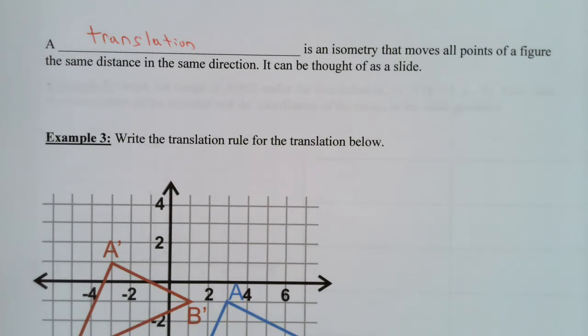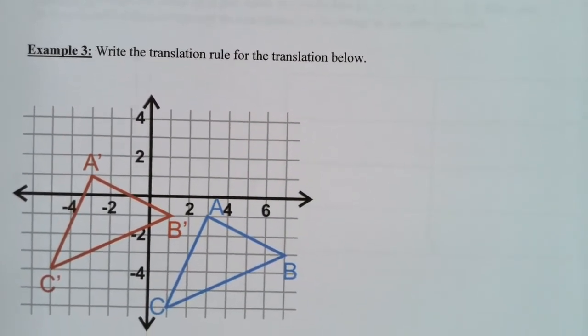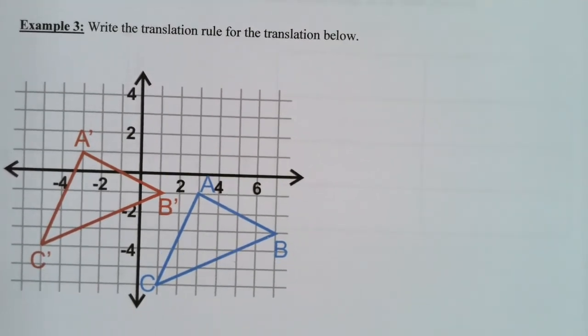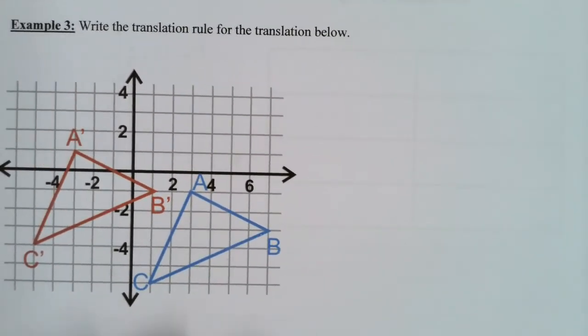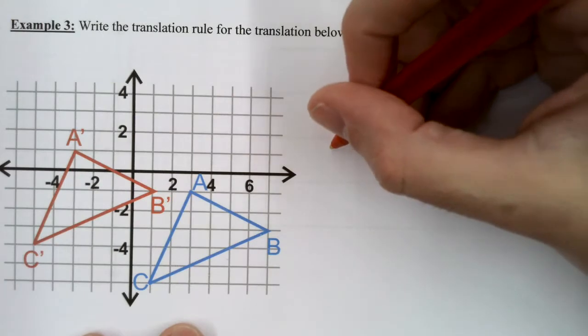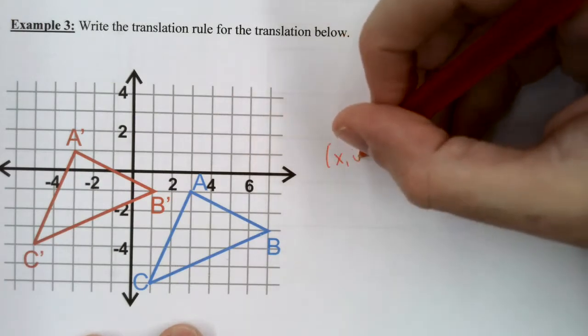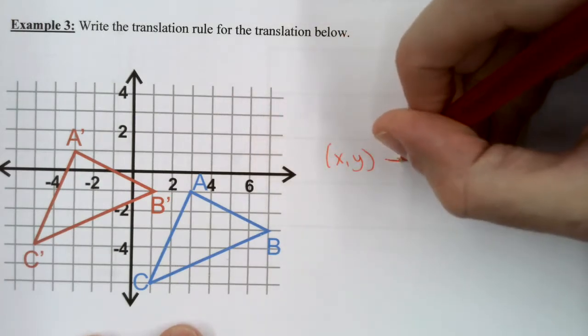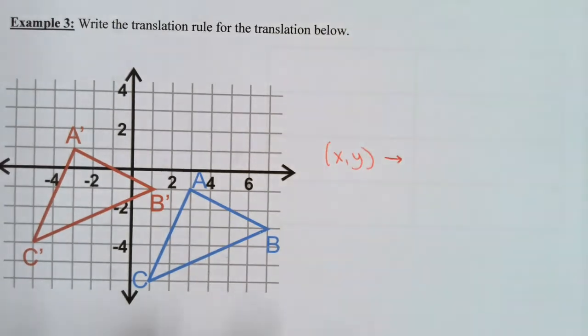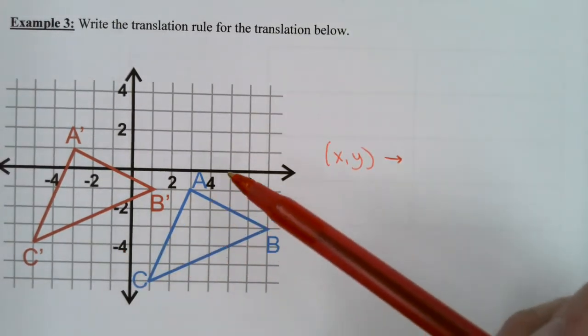Example 3, write the translation rule for the translation below. So here's how I'm going to do it. I'm going to say (x, y) maps onto... and you just have to be careful.